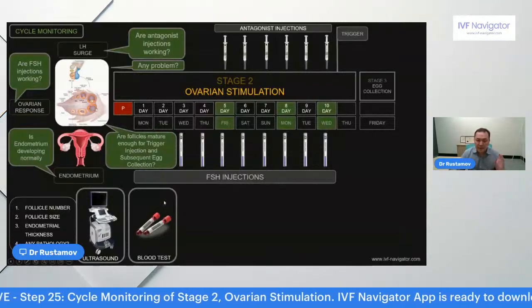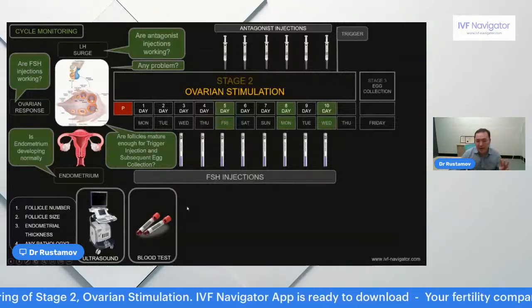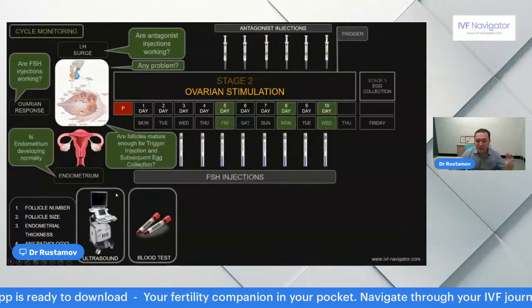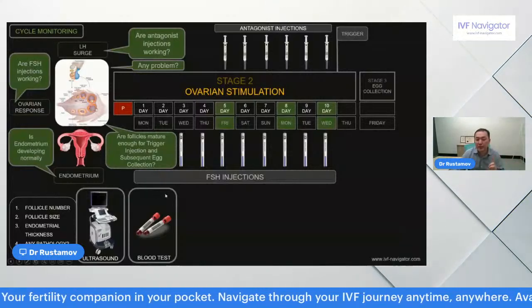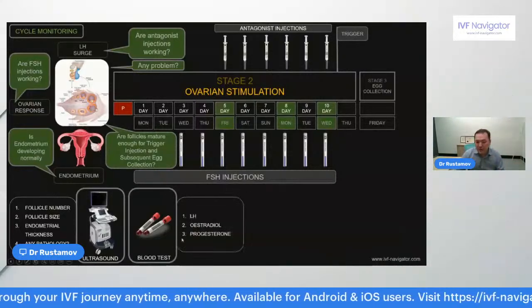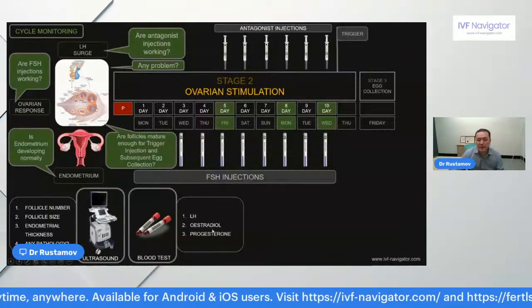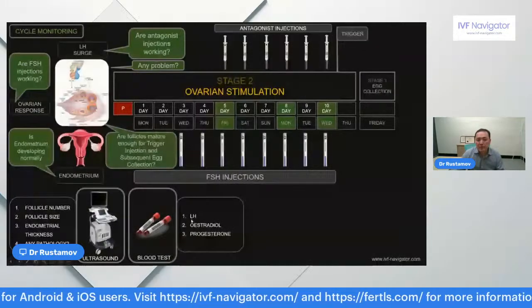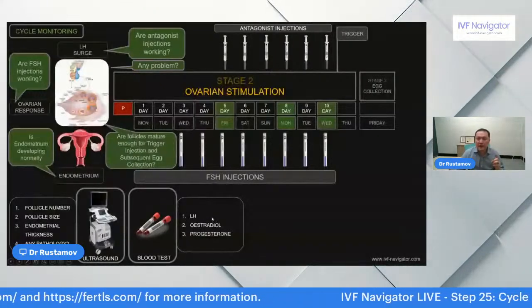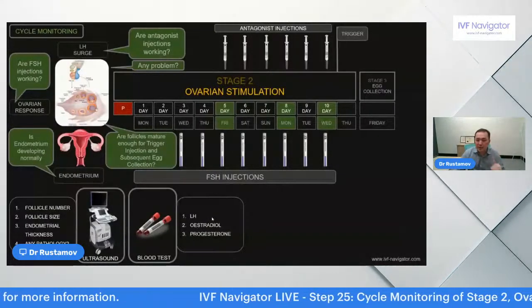As we said, we do three things in cycle monitoring. Let us say you have cycle monitoring on day 5: you have an ultrasound scan. The second thing is you have blood tests. On the blood test, we check hormone levels. We specifically check LH levels, luteinizing hormone. The reason is that we want LH to stay very low.